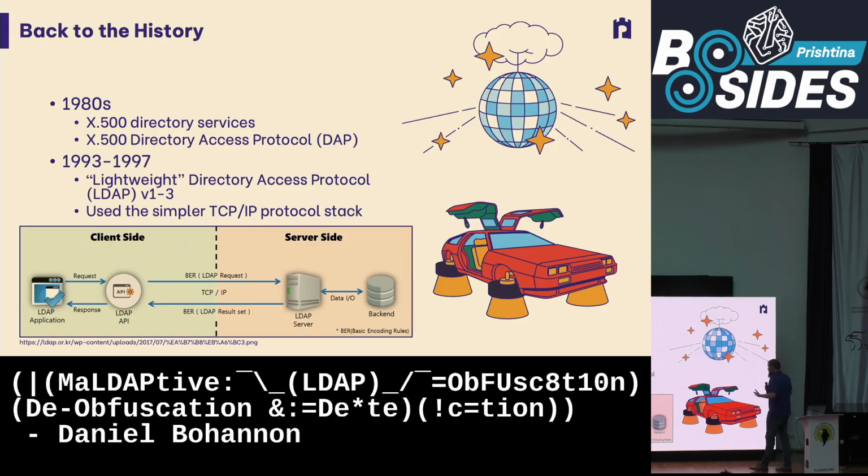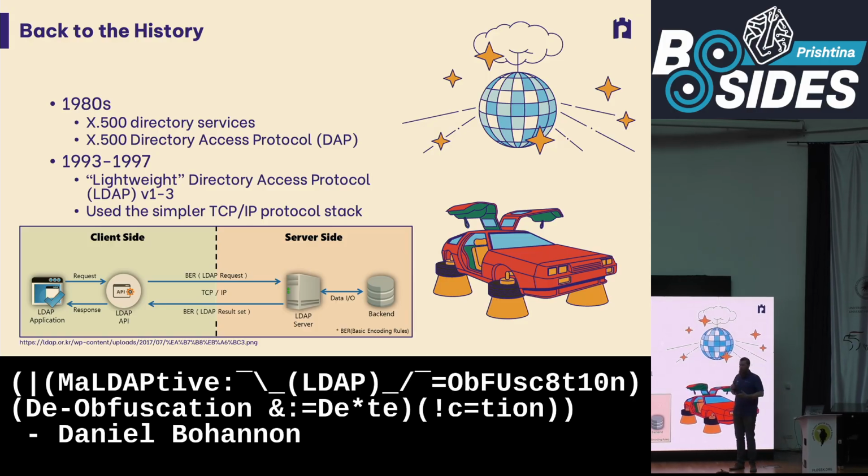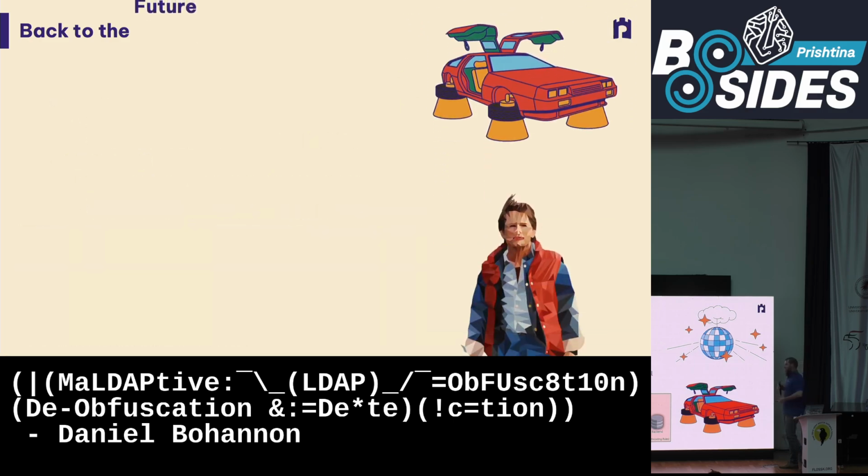It's a client-server model. So the server side is the actual directory itself that contains all the information about your users, your computers, your conference rooms, all these things. And then the client applications can use LDAP, which is the actual protocol, to request information from that server, or to update information in that server.